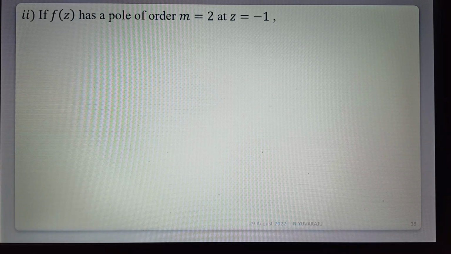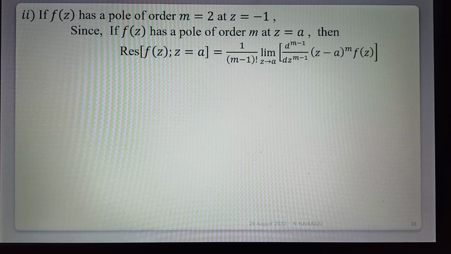F of z has a pole of order m, where m is equal to 2, since it is repeated 2 times at the point z is equal to minus 1. So using the formula, f of z has a pole of order m at z is equal to a. In this formula, we replace a is equal to minus 1 and m is equal to 2.